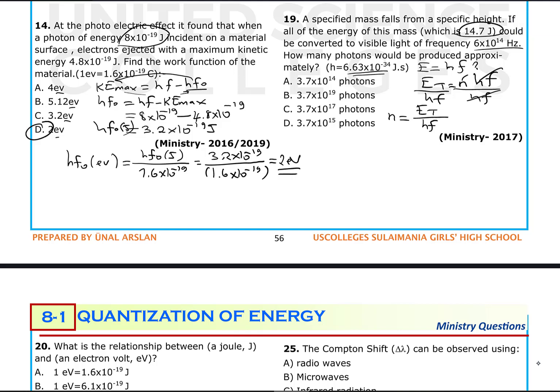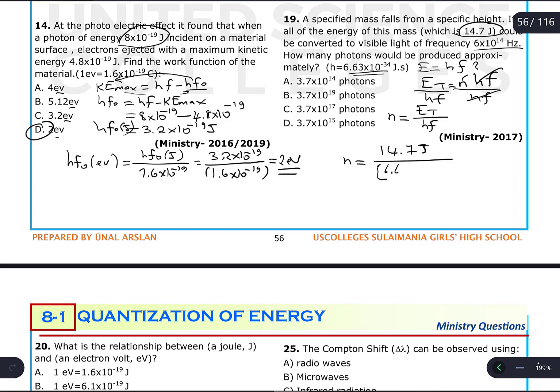So let's calculate it. N is equal to the total energy given, 14.7 joule. Energy of the photon must be calculated in joule if the total energy is given in joule. So I can calculate it. H times f. H is 6.63 times 10 to the power of negative 34 multiplied by the frequency of the photon, 6 times 10 to the power of 14.